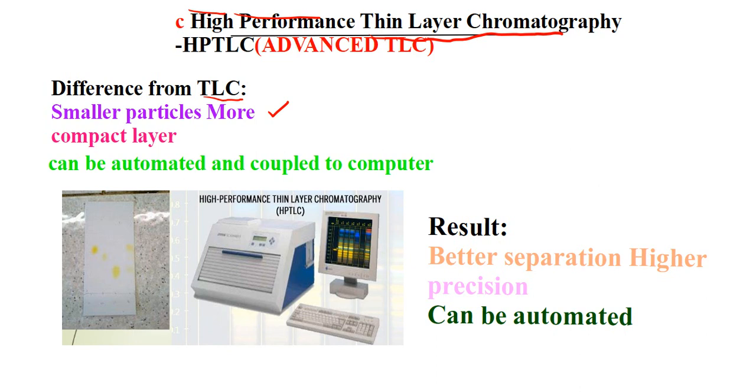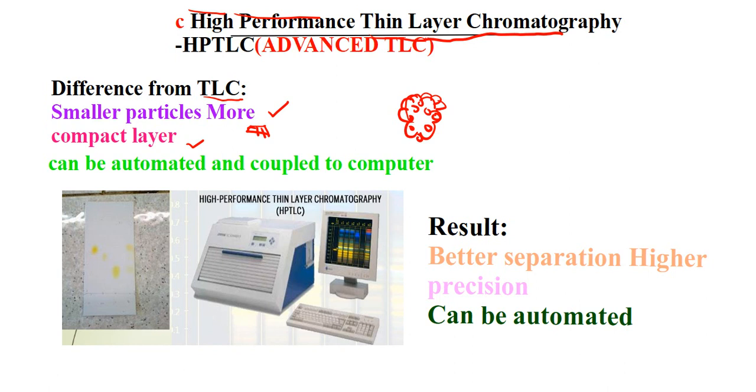Like the layers are more compact, and the number of plates can be automated. What we mean is it can be computerized, like a system. A plate is given, then the system picks the samples, it can get the samples at random, by the system designed for it. That's what we mean.